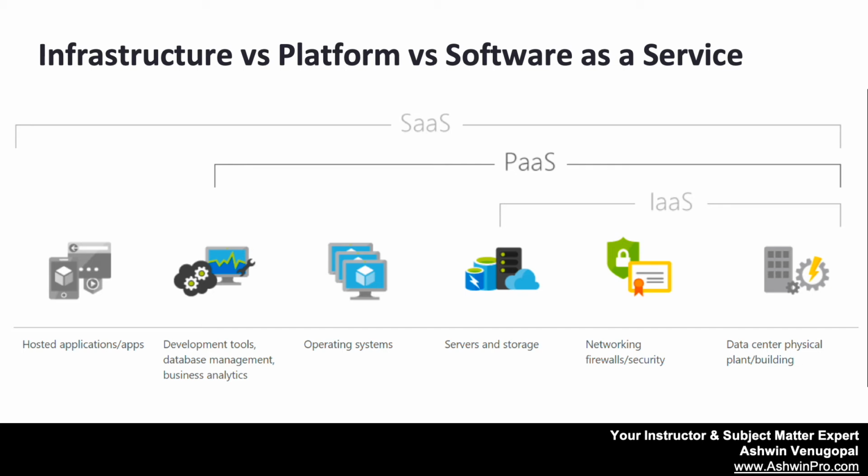In any service which involves a particular service to be provided, you need to have a data center or any physical location where you need to put the systems. There will be networking or firewalls or security requirements. There will be the actual physical server and the physical storage involved. And then you will have the operating system that you need to run on top of it. Then you will have certain tools, or certain applications that you need to run on those operating systems.